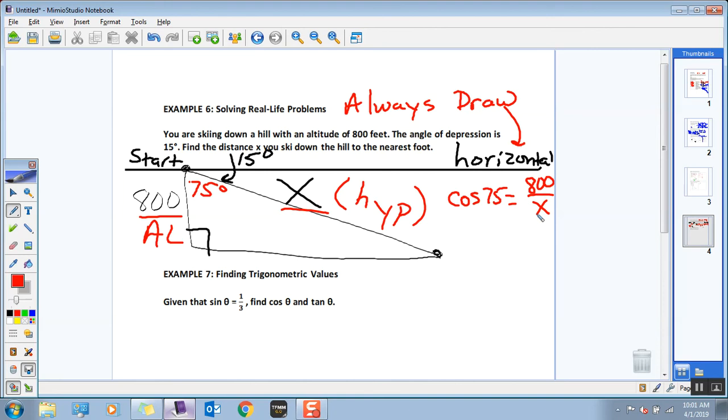Okay. Talk to me, kids. Cosine of 75 to 4 places, please. Why would it be cosine? This is an adjacent leg to 75. 0.2588.